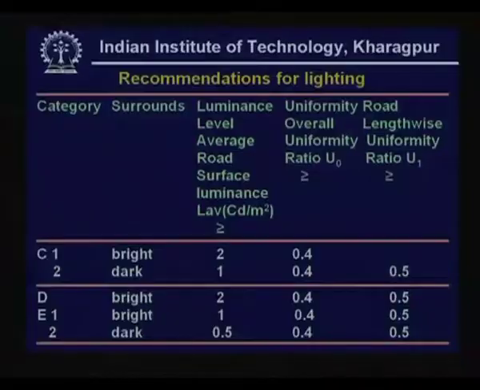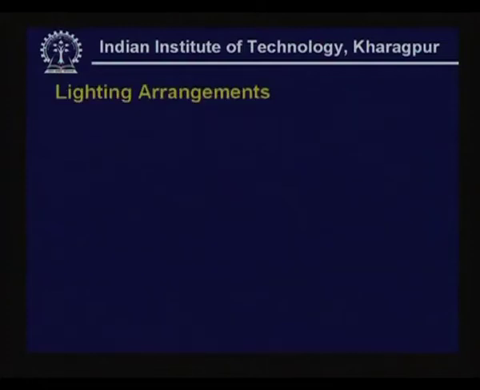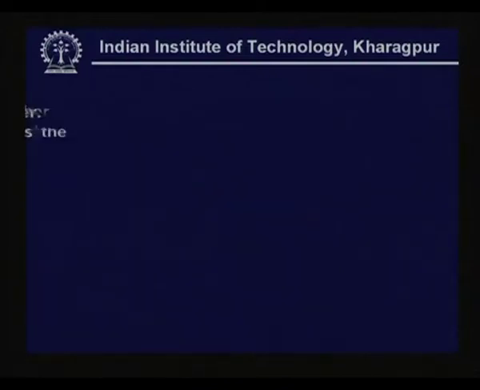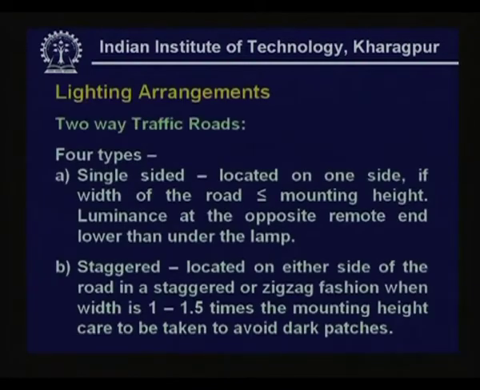We saw that the heavy traffic was categorized as A. Now, looking at the arrangements, it can be looked at this way.